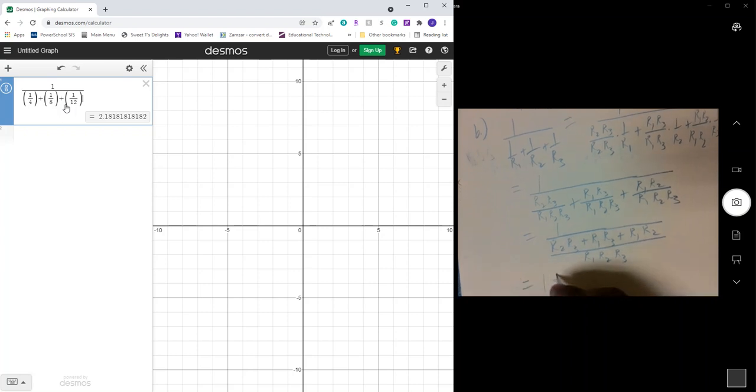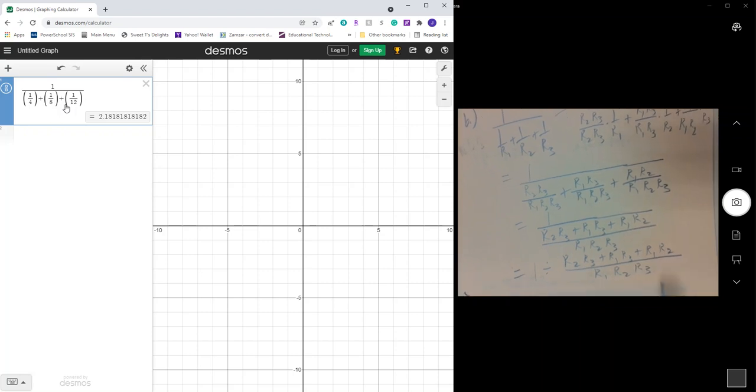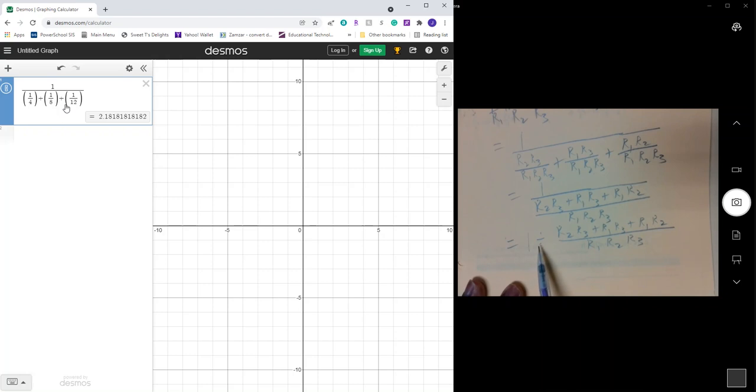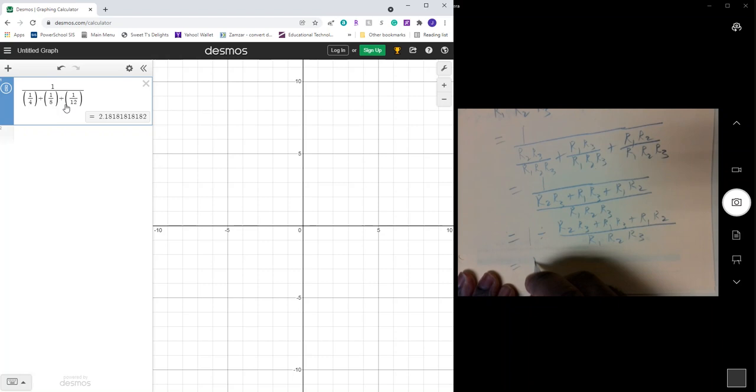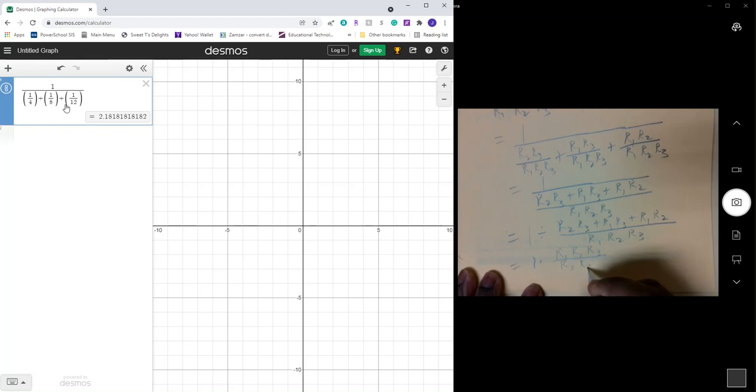This is the same as saying 1 divided by R2, R3 plus R1, R3 plus R1, R2 divided by R1, R2, and R3. Now we know according to division, we could change this to multiplication and take the reciprocal. So this would be 1 times R1, R2, R3 all over R2, R3 plus R1, R3 plus R1, R2.